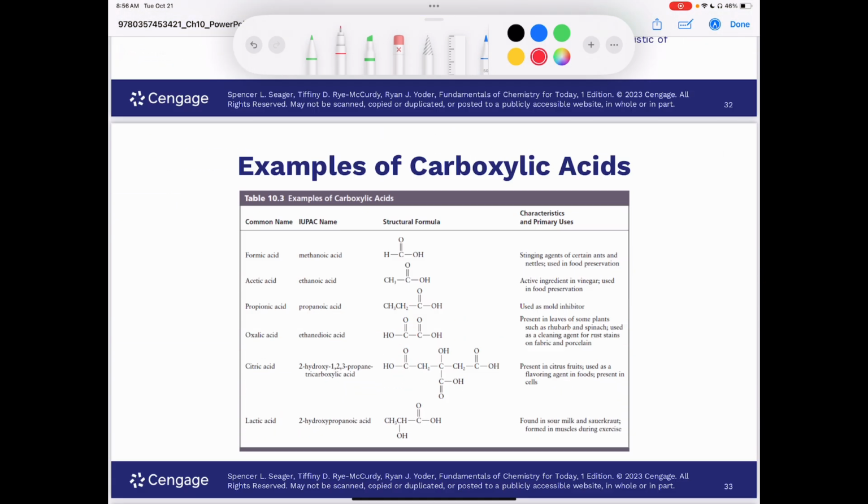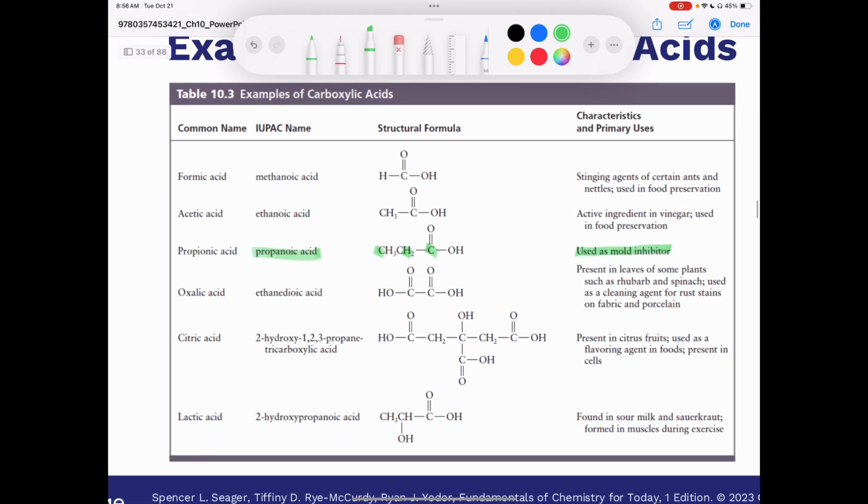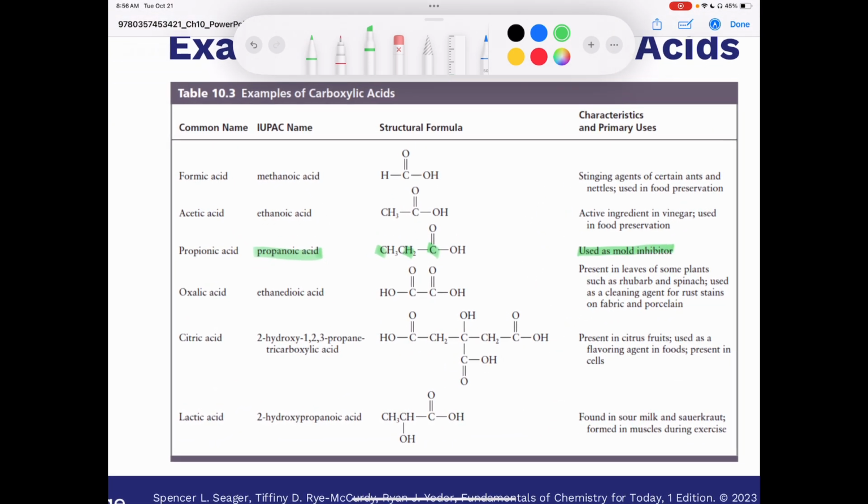All right, so here are some examples of carboxylic acids, and this is propionic acid, which is the common name of propanoic acid that I mentioned on the previous slide. It has one, two, three carbons in it, and they say here it's used as a mold inhibitor, which it is, but like I said, it also provides the tang in Swiss cheese. If you look at a one carbon carboxylic acid, the common name is formic acid. And the IUPAC name would be methanoic acid, right?